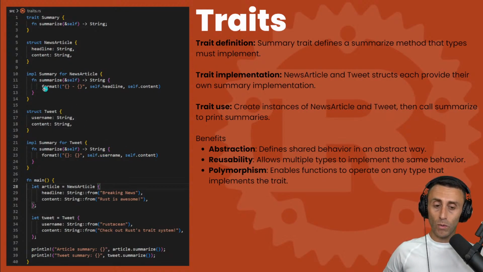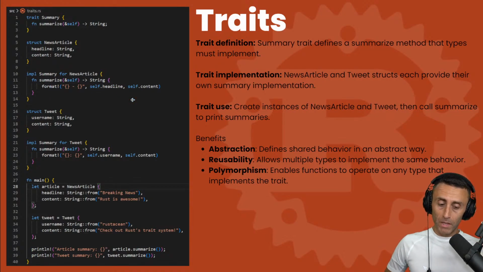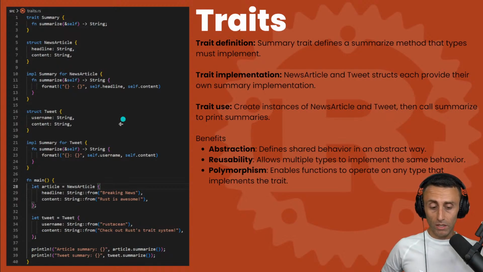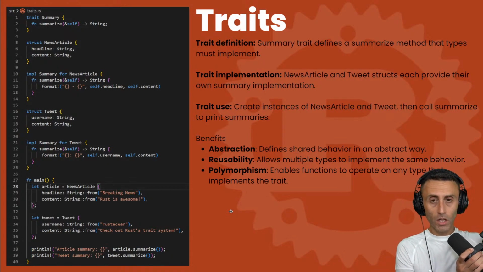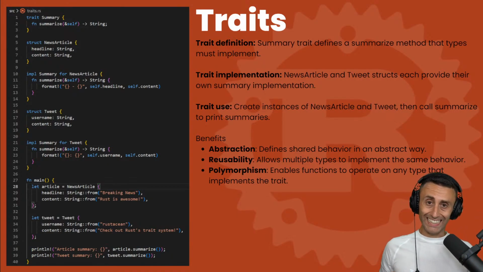Instead, for the news article, check line 12, format self.headline, self.content. And then we can use summarize both for a news article and a tweet, which is, I think, very, very, very convenient.